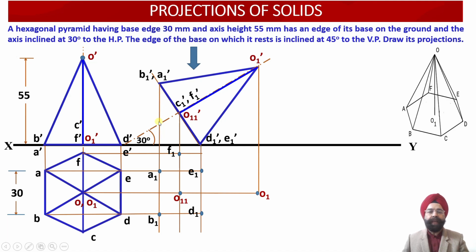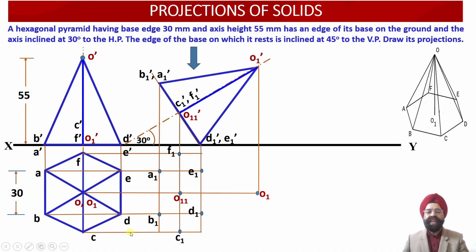So this is the vertical projector line emerging from B1 dash. So wherever it intersects with the horizontal projector line drawn through B, we obtain this intersection point as B1. Similarly, this is the vertical projector line drawn through D1 dash. This is the horizontal projector line drawn through point D. So this intersection of these two projection lines provides us with the location of the point D1 over here. And finally, here we have the point C.